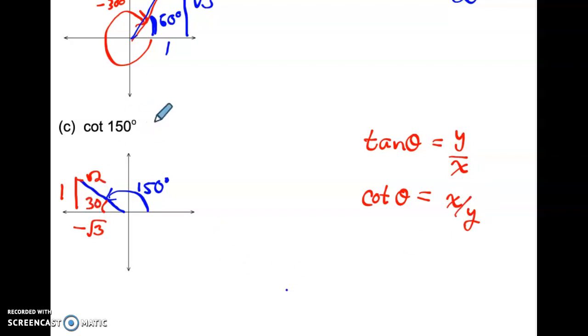So to find the cotan of 150, we do the x, which is negative root 3, over the y, which is 1. The other way you can think about this is that tan is opposite over adjacent, so cotan is going to be adjacent over opposite.